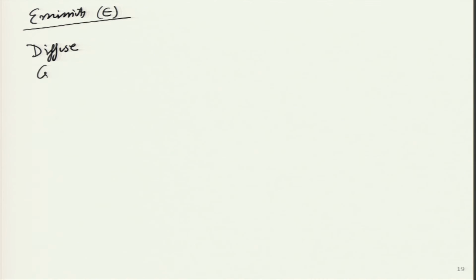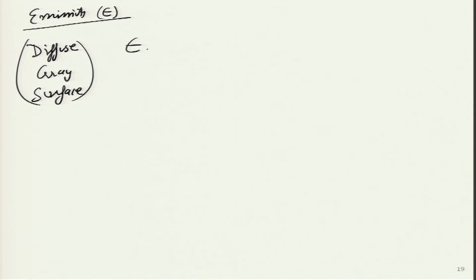So, now I am defining formally what is emissivity. It is given by the symbol epsilon, and the first one I am going to write is for a diffuse gray surface.